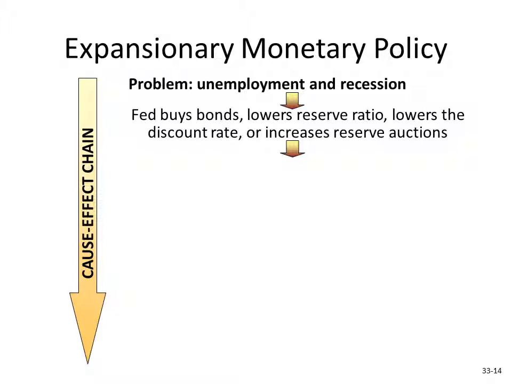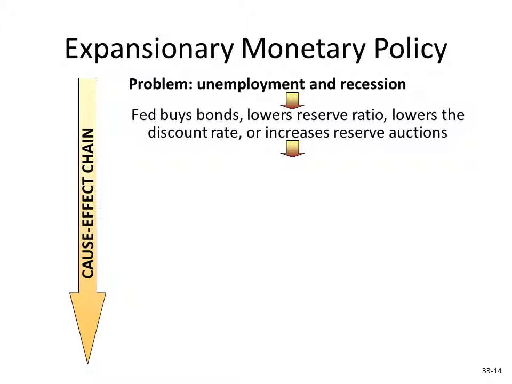In this case, the Fed could buy bonds. Let's think about how this would work. The Fed buys bonds, and banks receive cash for selling their bonds to the Fed. That cash represents new reserves for banks, which means banks are in a position to lend out money, which would increase the money supply, which would bring down interest rates.